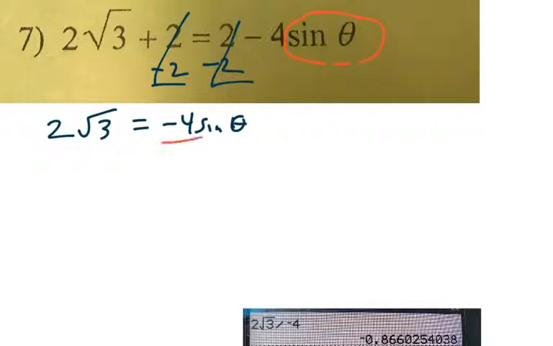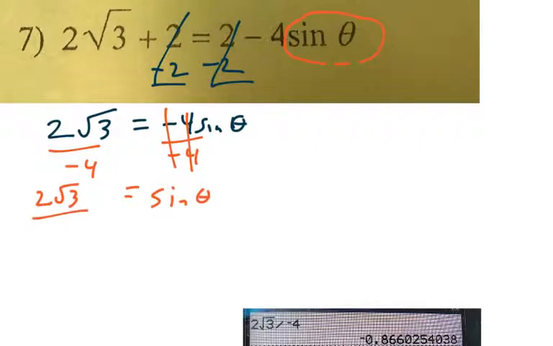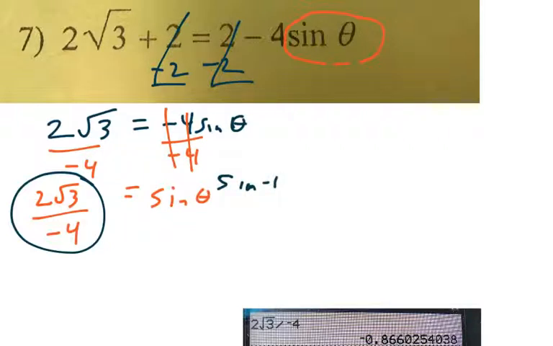Now all I need to do is divide by negative 4. So I know sine theta must be 2 square root of 3 divided by negative 4. I'm going to put this in my calculator, and then I'm going to do sine inverse, right? Because sine inverse of this is going to give me my theta.